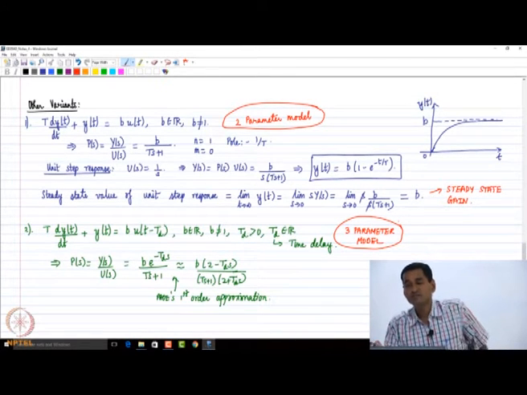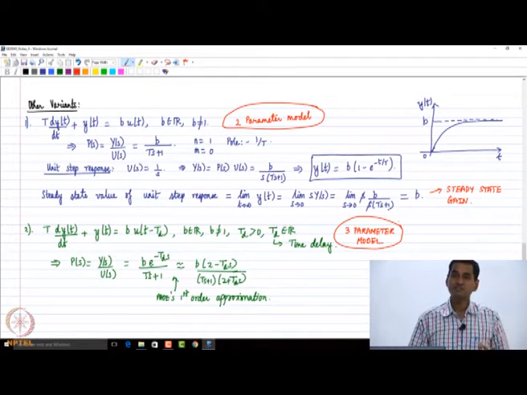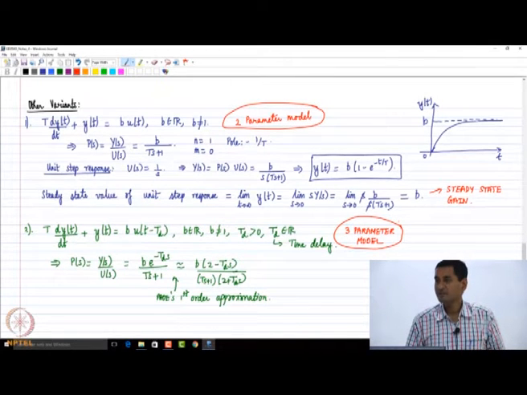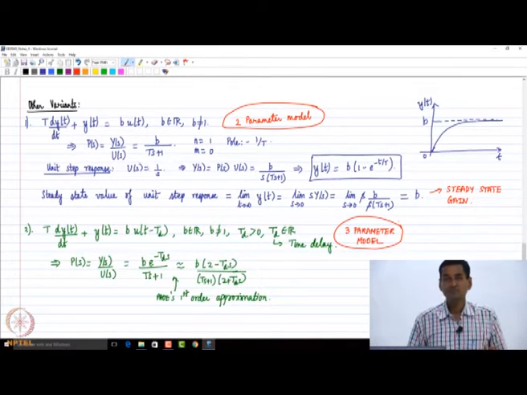So this people will call as a first order system with a non-unity gain and time delay. Some in chemical engineering references, you will see first order process plus time delay. So that's a term which they will use. So this is the model which is used, and this is the transfer function which comes about as a result.